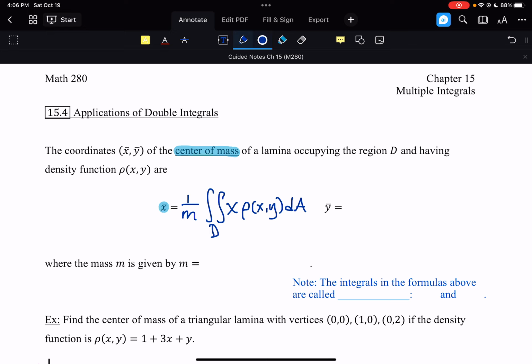And then for y bar, we get 1 over little m times the double integral over D of y times rho of x, y dA. And this is where the mass given by little m is equal to the double integral over D of rho of x and y dA.